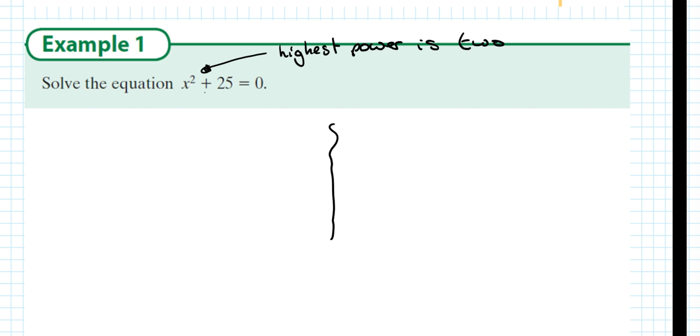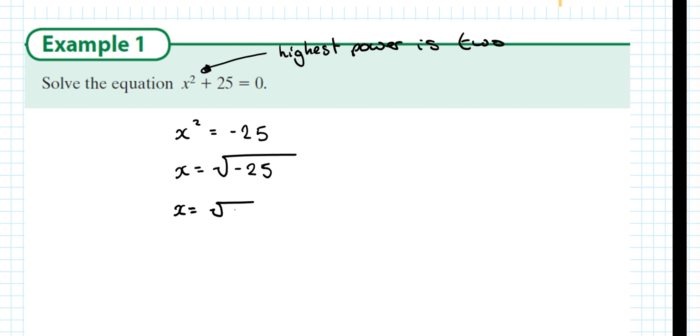Okay, so one way to do it: x squared is equal to minus 25, and we want x on its own. So x is equal to the square root of minus 25. x is equal to the square root of 25 times square root of minus 1. What do I know about square root of minus 1? Square root of minus 1 is i. Square root of 25 is 5.